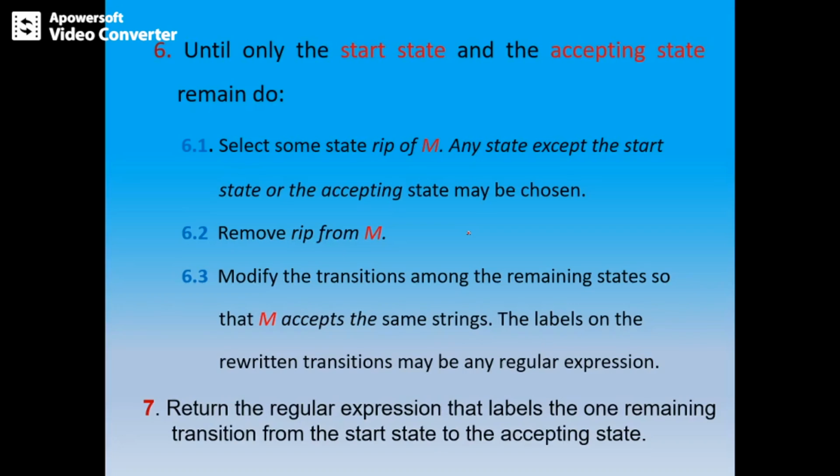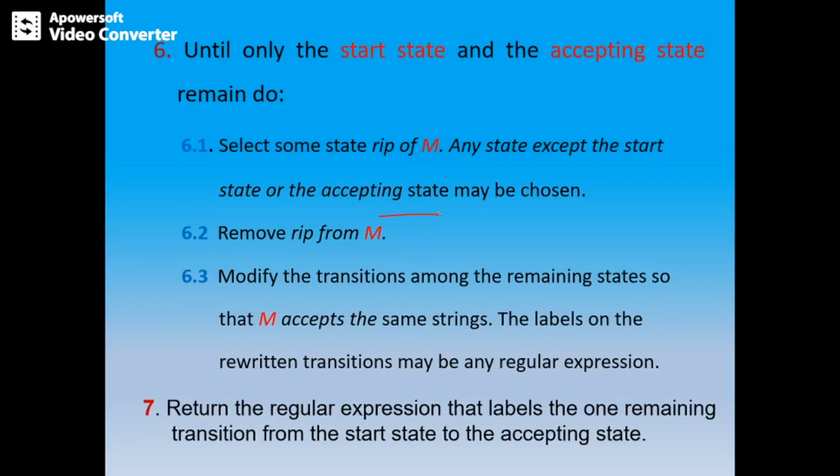Sixth one: until only the start state and the accepting state remain, what you have to do? You have to eliminate some state, named rip, of M. Any state except the start state or accepting state may be chosen.